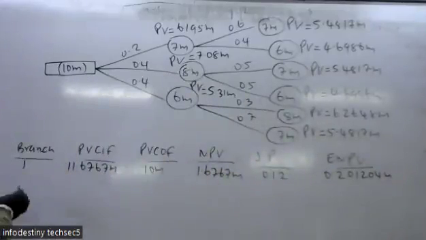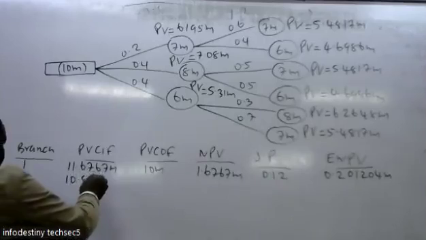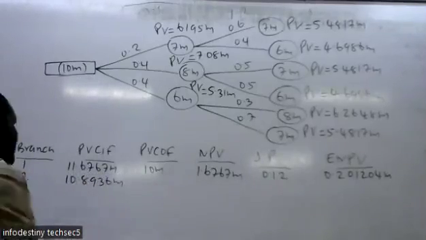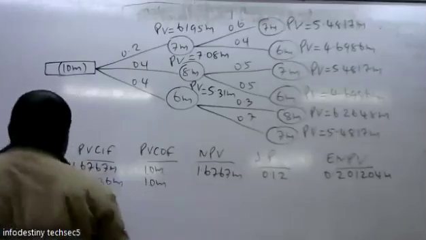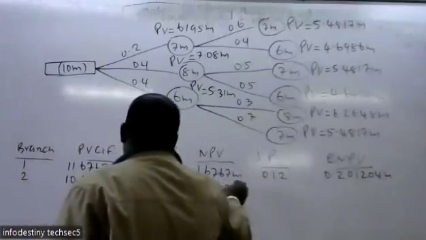We also go to branch 2. So branch 2, remember to add 6.195 plus 4.6986. So 10.8936 millions. We also minus the 10 million, which makes it 0.8936 million.